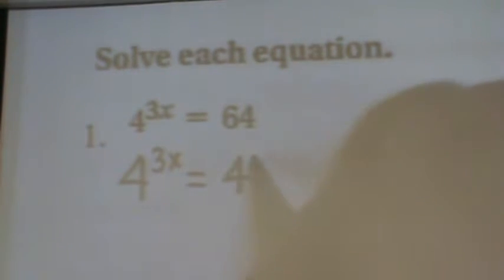Is there another name for 64 with a base 4? 4 to the 3rd power. There you go. So 4 to the 3x is equal to 4 to the 3rd. Cross out the 4's and you get x equals 1. x is 1.